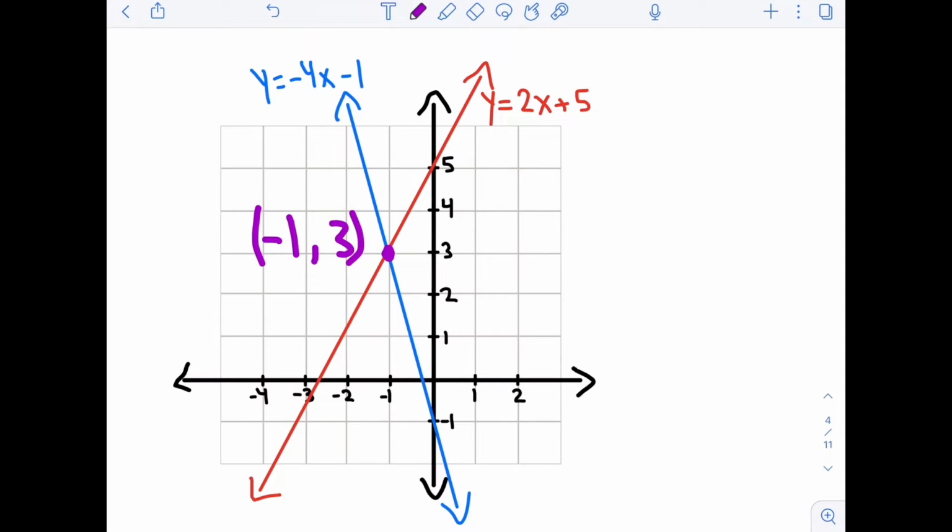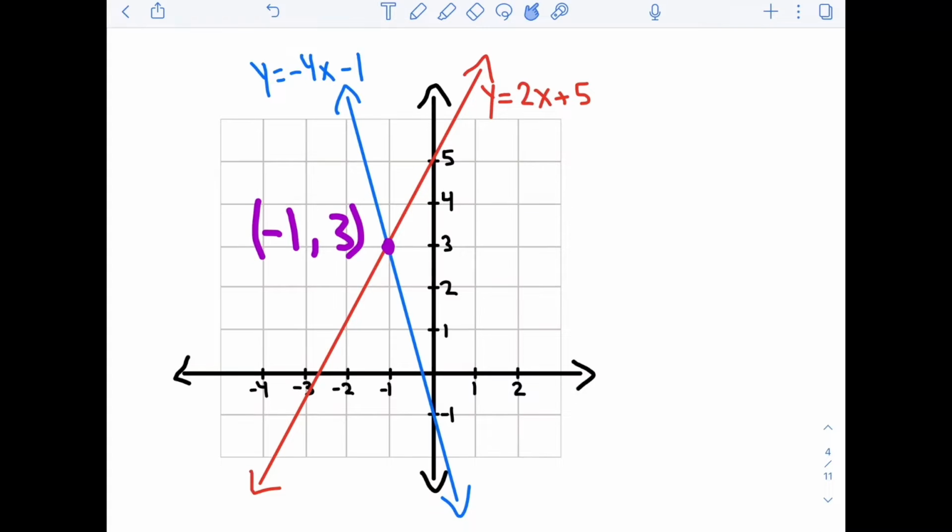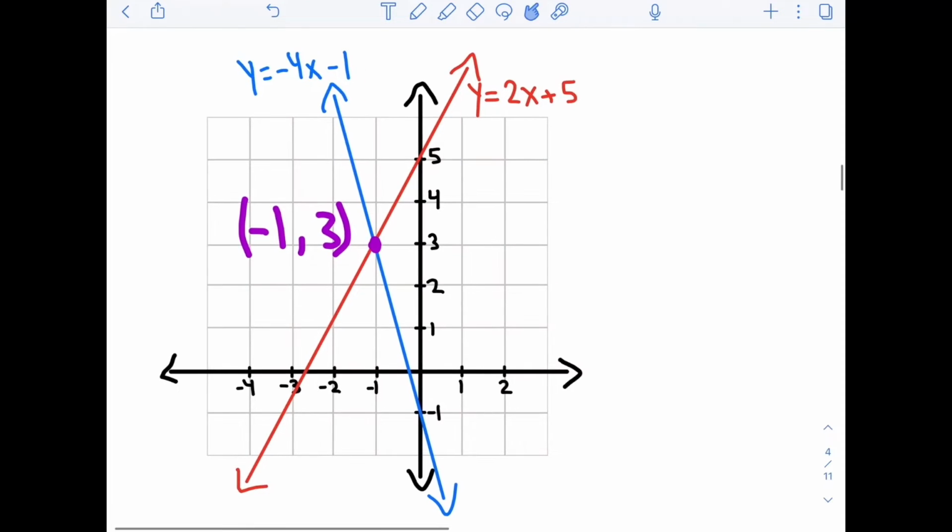So the graph of a linear equation in three variables is actually a plane. Although we're going to be working with three equations in three variables, let's just see an example of two equations where we have two planes.